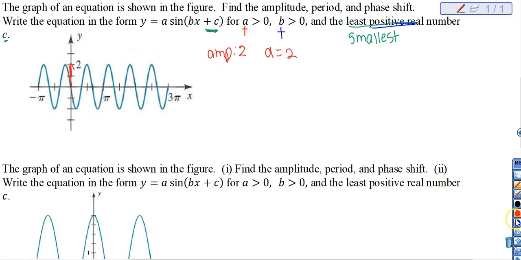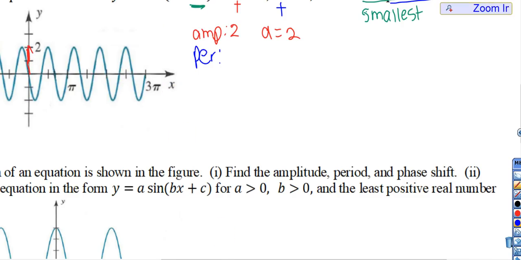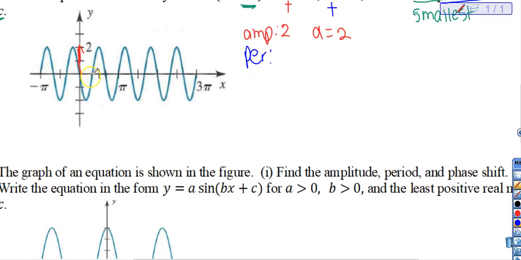All right. Now, let's find our B term. We found our amplitude, it was 2, and now we know what our A is. So let's work on our period. If you don't mind, I'm going to zoom in just a little bit so that I can point some things out. If I'm looking for a sine wave, I'm going to focus on the sine wave just to the left of the y-axis according to our conditions.